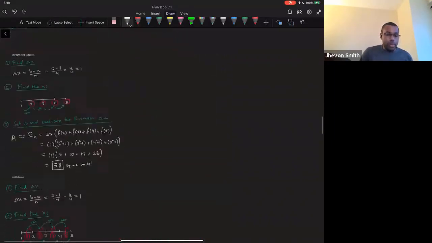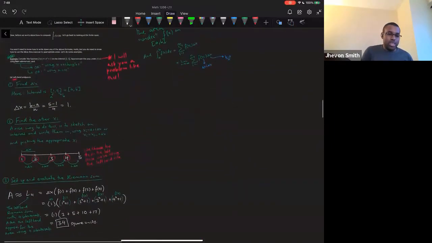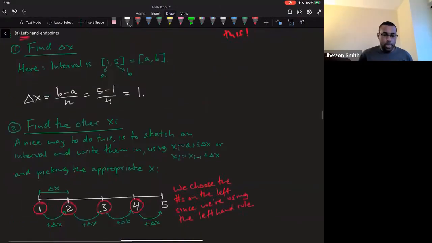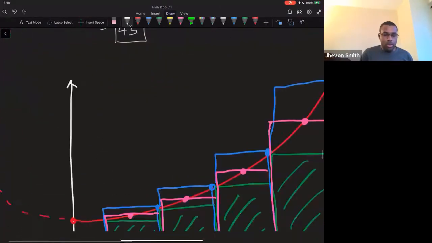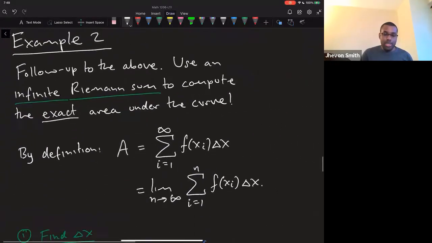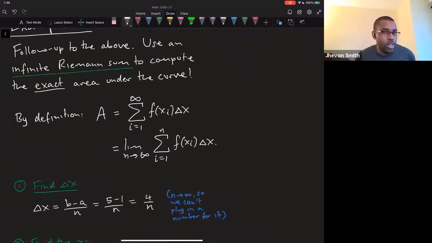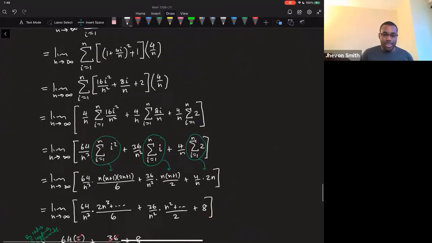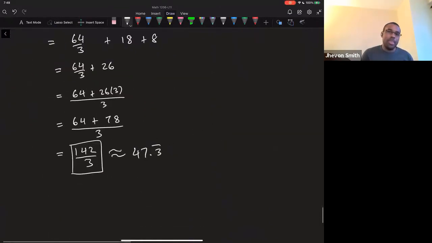But what you need to be able to do are these examples, right? So I give you a function on an interval and I ask you to approximate with a finite number of rectangles. It's going to be 3 or 4. And then I would ask you a follow-up to say, hey, find the exact area using a Riemann sum, in which case you'd have to do this and get to that answer.